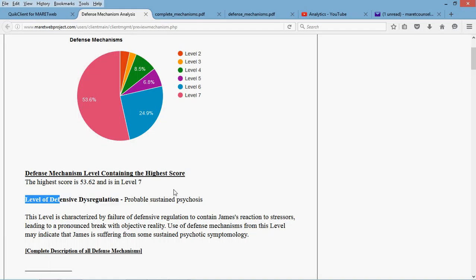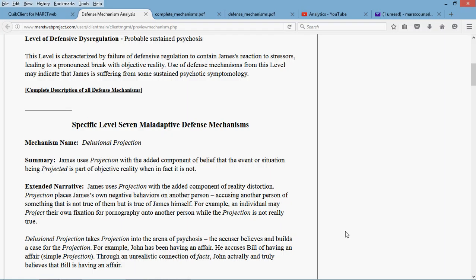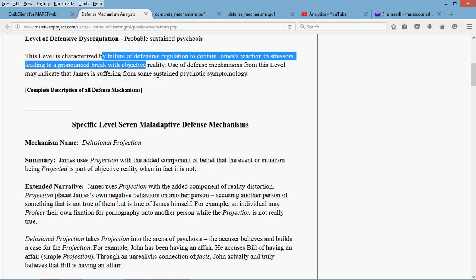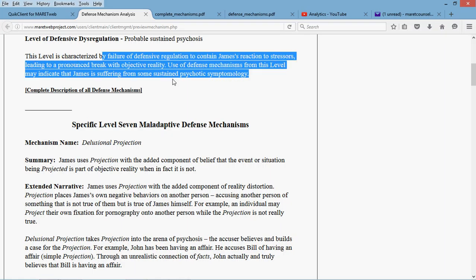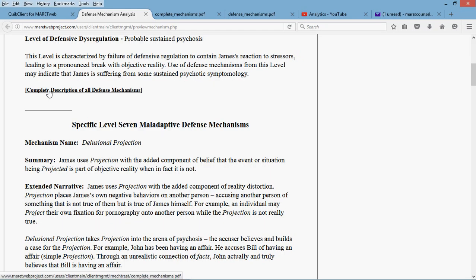And then it's going to give you the name for that and a brief understanding of what that particular level means. Now here you see it says complete description of all mechanisms. That's the document we opened, so you can open it right from here too. You don't have to go stumbling around through the documents.